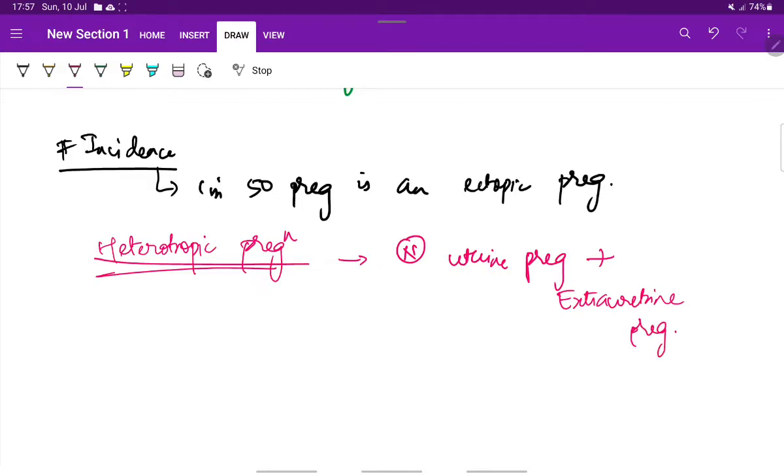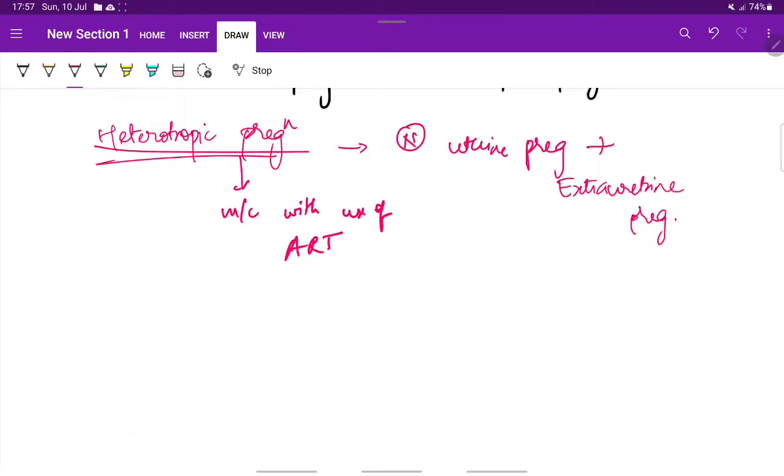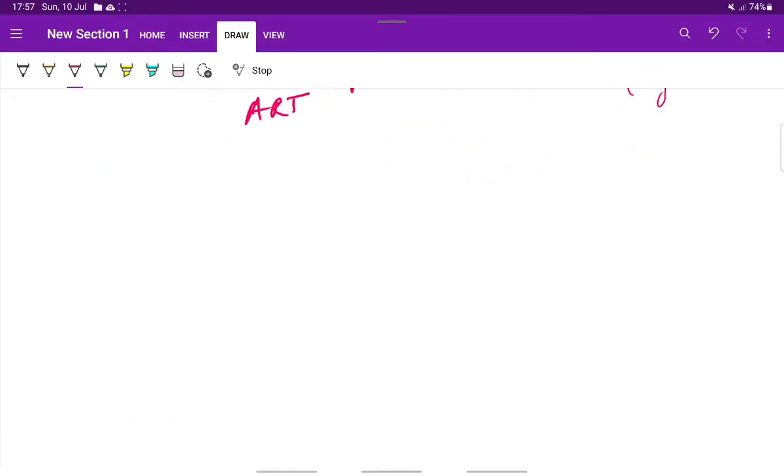So normal pregnancy along with ectopic pregnancy is heterotopic pregnancy, and this is more common with the use of assisted reproductive techniques in case of infertility. So this is the introduction and the types.